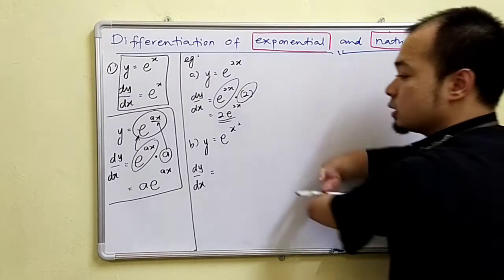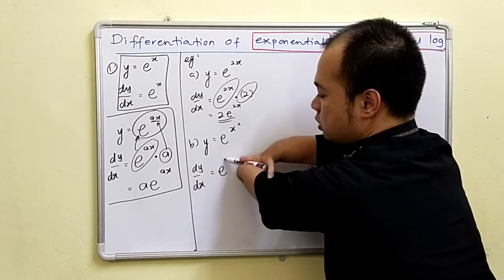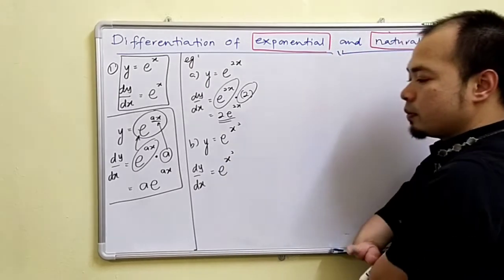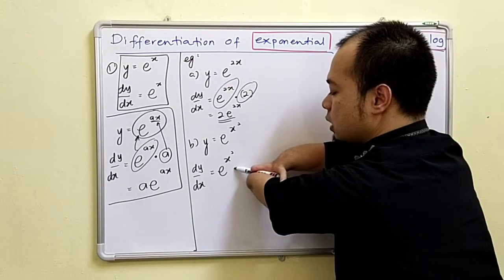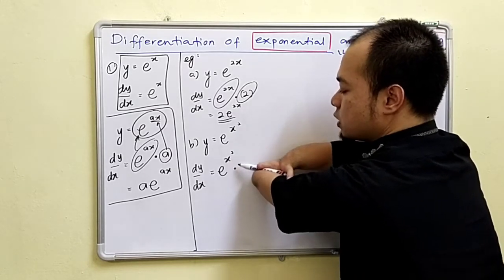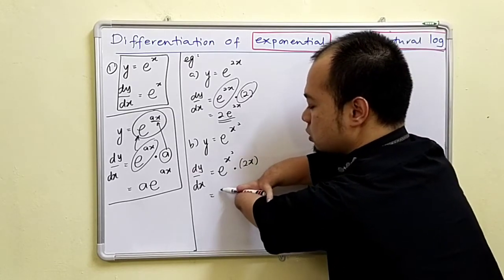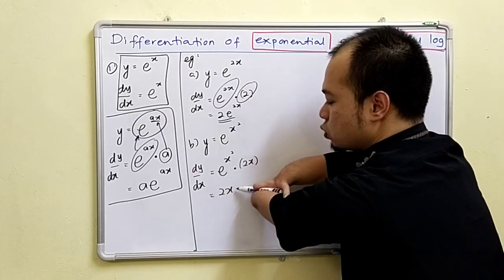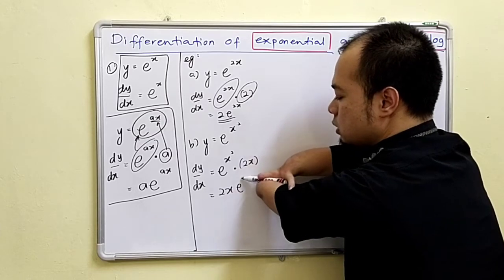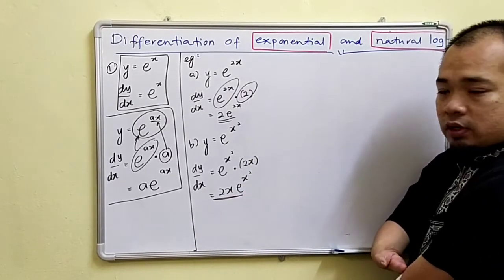We do the same thing: the outside is exponential of x squared. Multiply by the differentiated power. The power is x squared, so differentiating x squared we get 2x. Rearrange: 2x e to the x squared. So this is dy over dx.